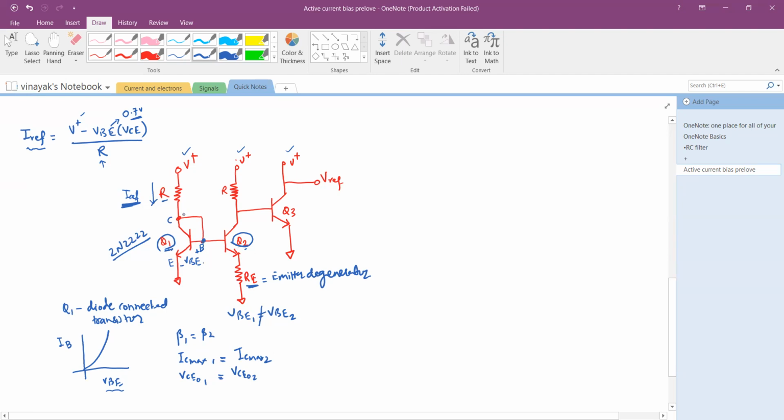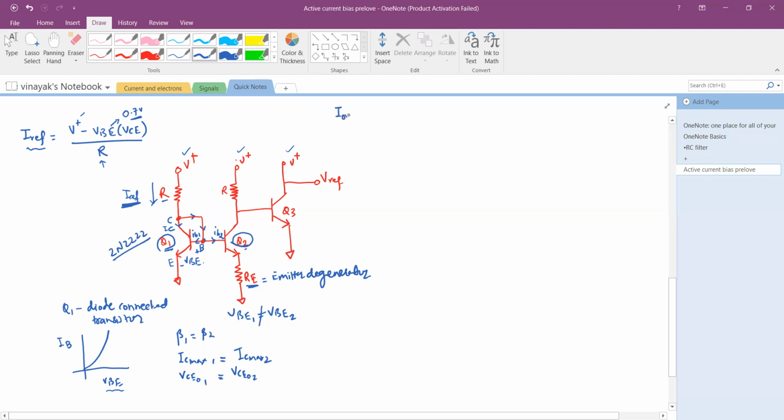See here, I reference comes and it is split between two parts. One is your IC, which is here, and then this current is coming here, getting split again in two parts. These values are IB1 and IB2. So there are finite values of base currents of Q1 and Q2.